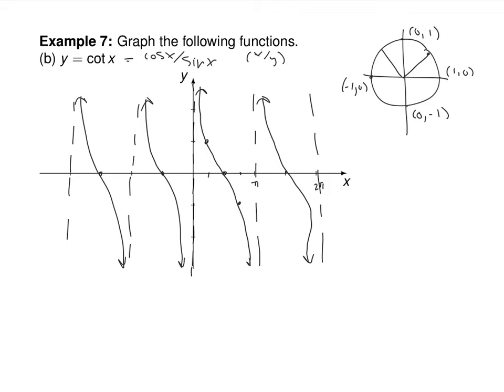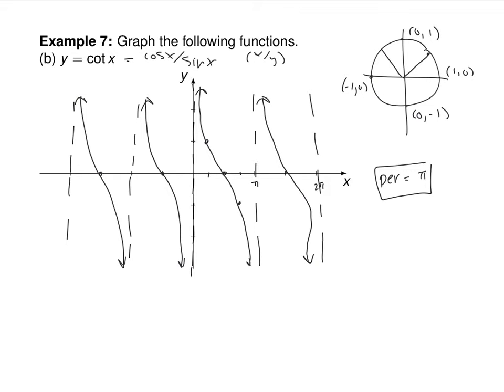So this one has asymptotes at all the whole number pi's, right? 0, pi, 2 pi, 3 pi, and all the negatives as well. And what is cotangent's period? Also pi. So you're figuring out how to compress, like cotangent of 2x. You set 2x equal to pi instead of 2 pi. Does that make sense?